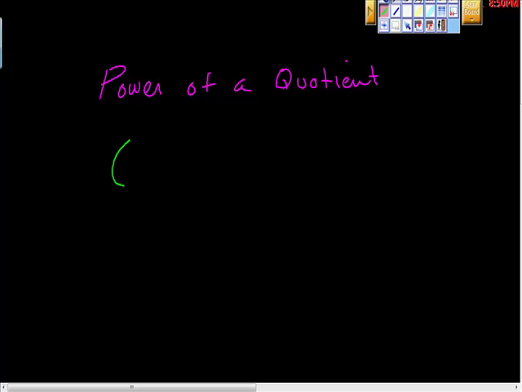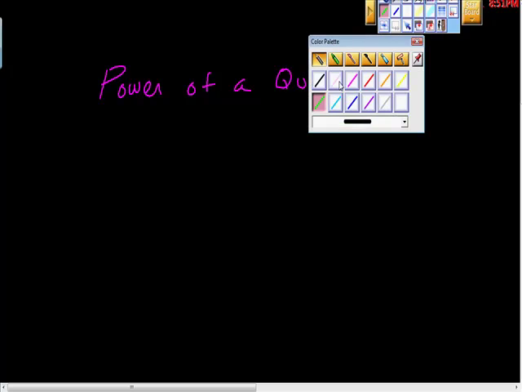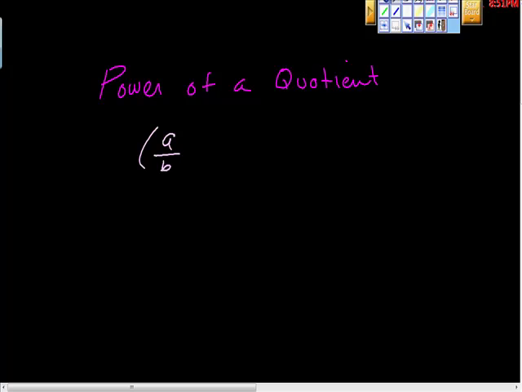It says here that c over d, some number over a different number, raised, you know what, let's make this more clear. Let's say that we have A over B, a number over a different number, to the mth power, is equal to A to the m over B to the m.